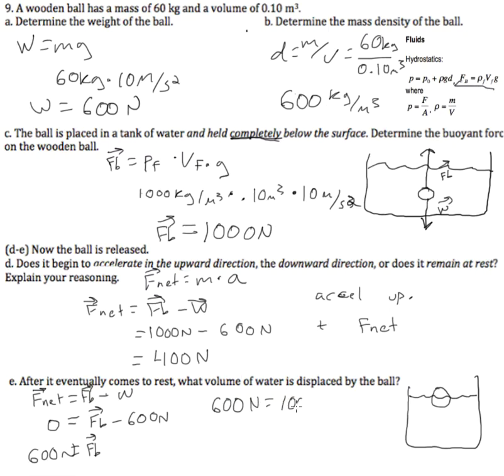So rho f is going to be the same. Now the volume displaced is going to be different, and gravity is of course going to be the same. So it looks like we'll have 600 newtons divided by 1,000 kilograms per meter cubed times 10 meters per second squared.